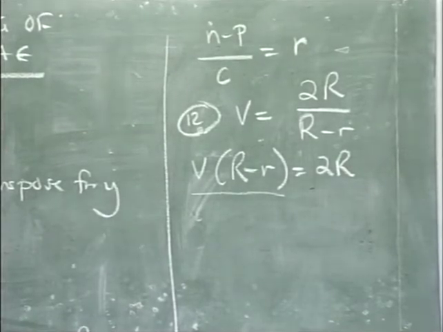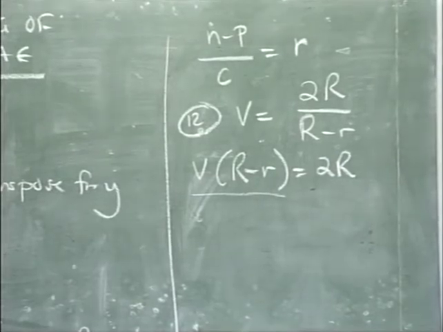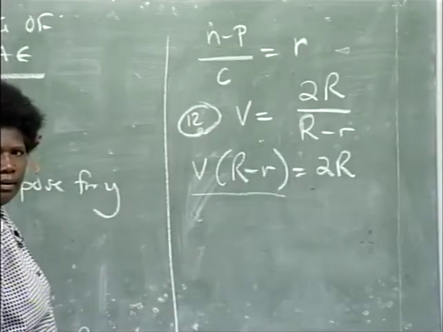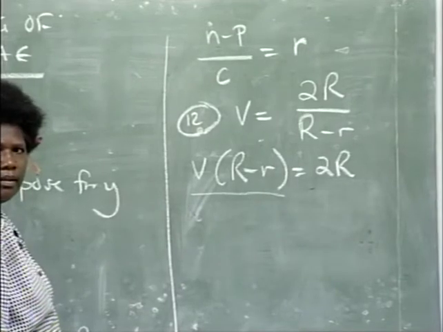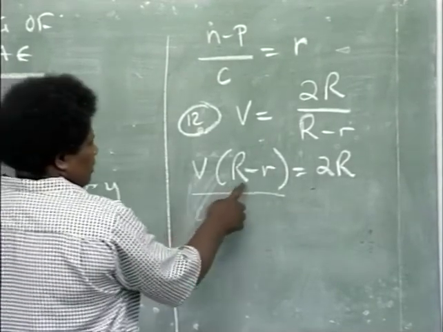Formulae, what do you think? You multiply V by R. Which V and R? Capital V and capital R by capital R and 2?